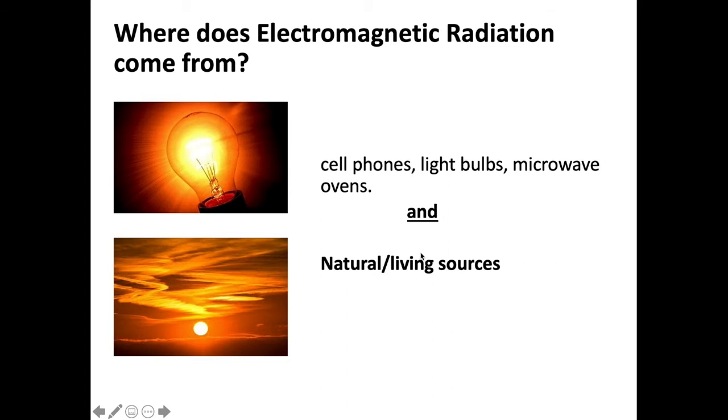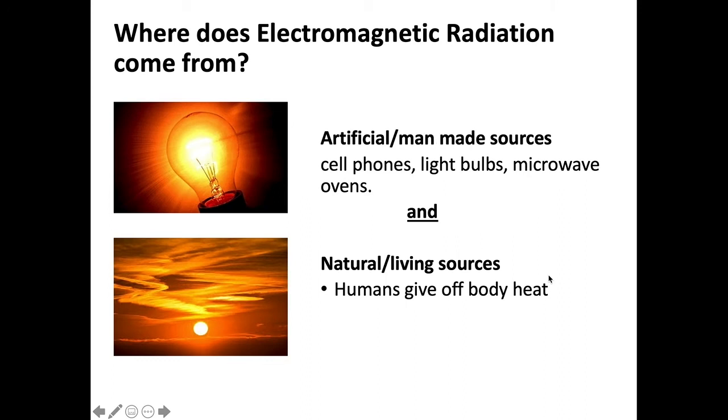But it's also found in natural and living sources. You, for example, give off a form of electromagnetic radiation called infrared or heat. So you give off body heat. So there's artificial man-made sources, but there's also natural and living sources that give off electromagnetic radiation.